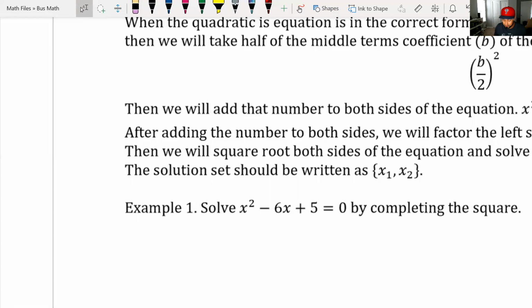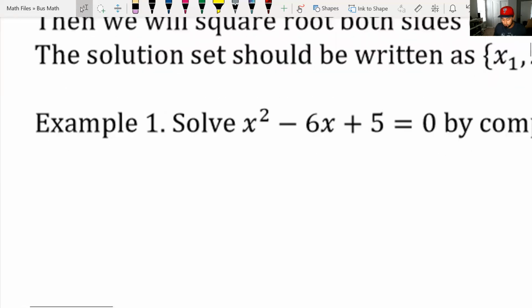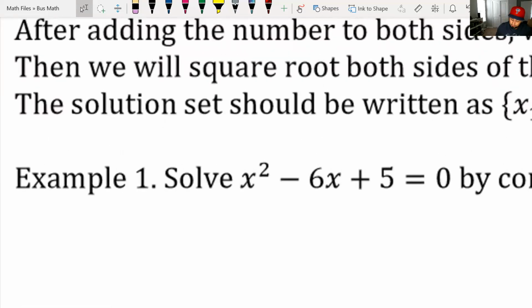Well, the first thing we notice is that the coefficient of this x squared happens to be 1, which means we have one of the steps done already. One of the first steps is to ask, is that coefficient 1?